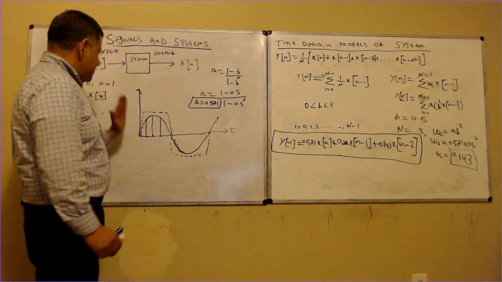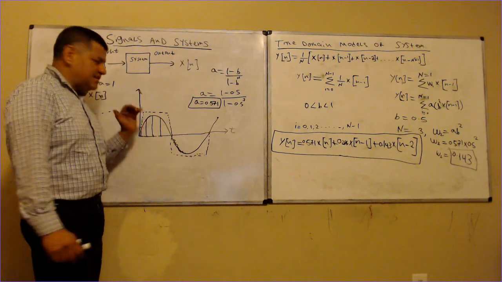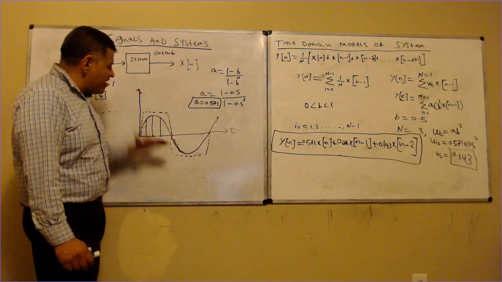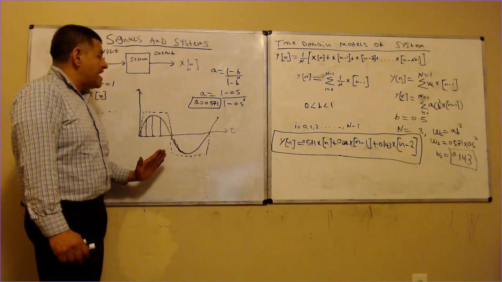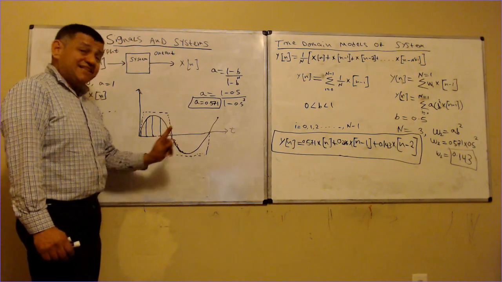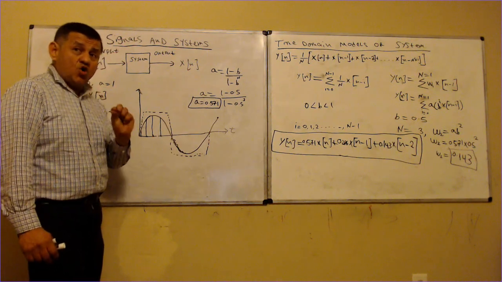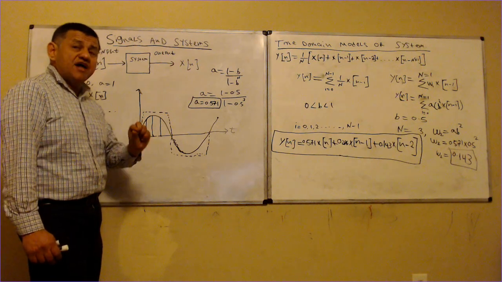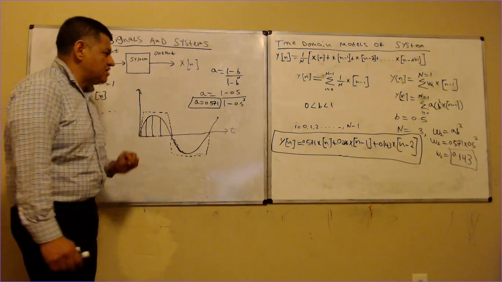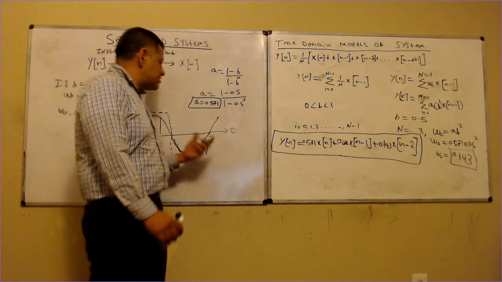So it goes AC, DC, and then after DC, it simulates AC back again. But that AC signal is going through pulse width modulation. So that's how VFDs work.